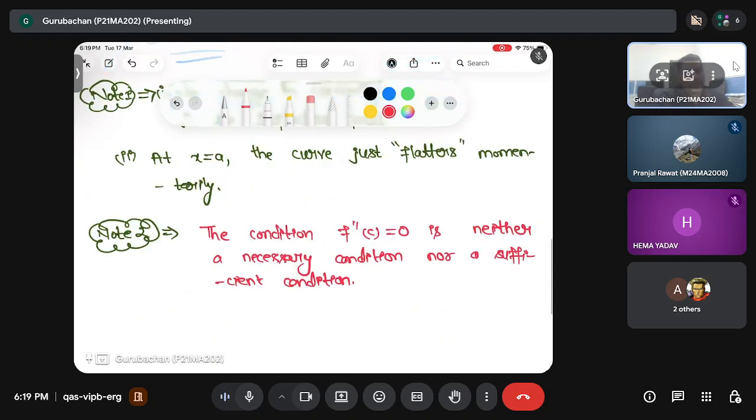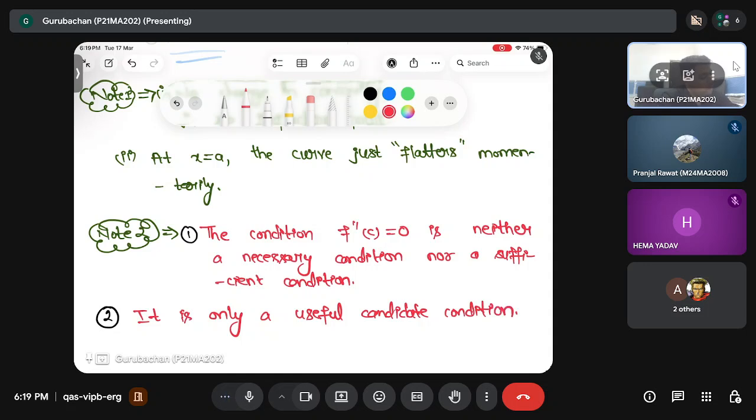So a natural question arises: what exactly does this f double dash c equal to 0 give us? The second point is that it is only a useful candidate condition.